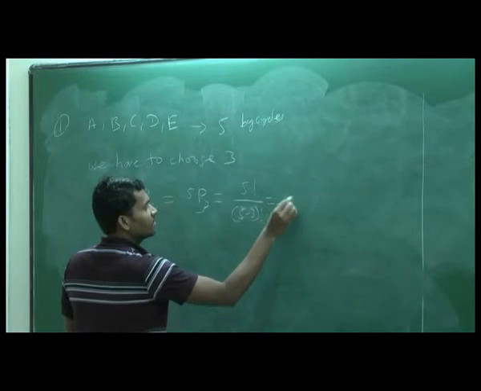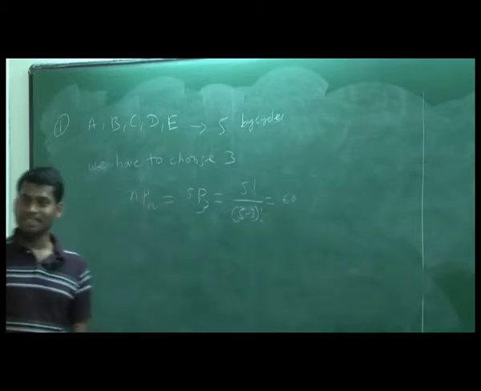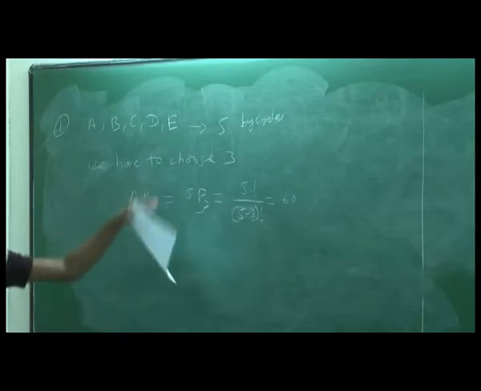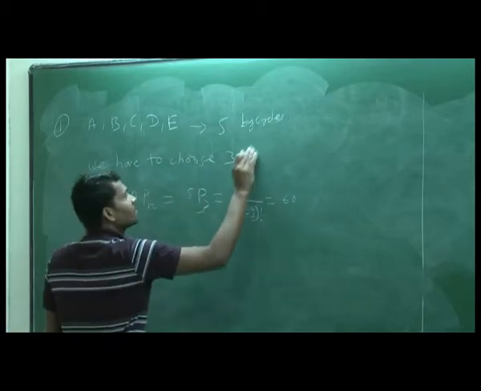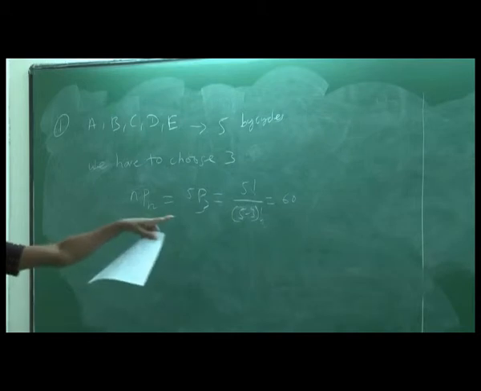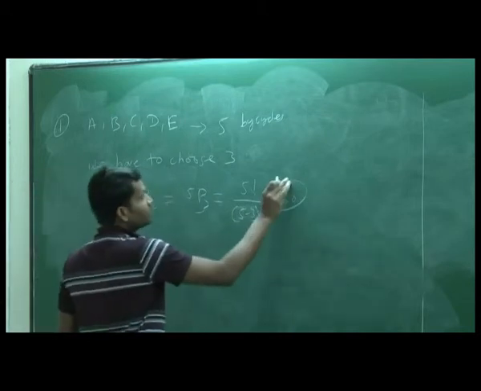This is equal to 60. But is it correct? We are choosing 3 bicycles out of 5. If we solve that, we get 5 into 4 into 3. Okay, but is that the correct number of ways we can do it?